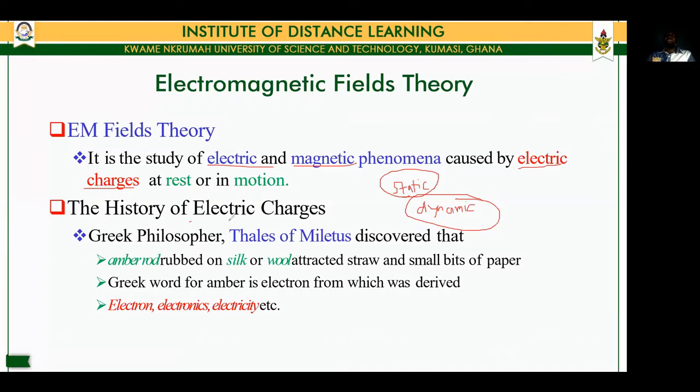So what is the history of electric charges, which are the origin of the electric and the magnetic field? We know from history that it was Thales of Miletus who discovered that when you rub an amber rod on silk or wool, the amber begins to attract straw and small bits of paper.